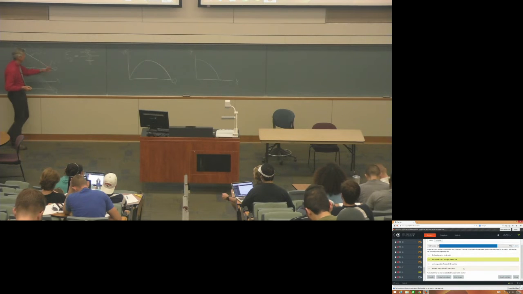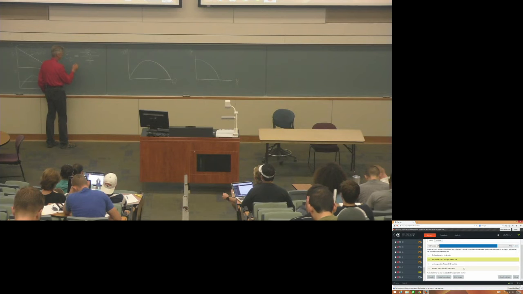Okay, so let's just say we hold this constant and we say, okay, 10%. Or, no, let's not do that. What's true about the lower half of the demand line? Price is lower.